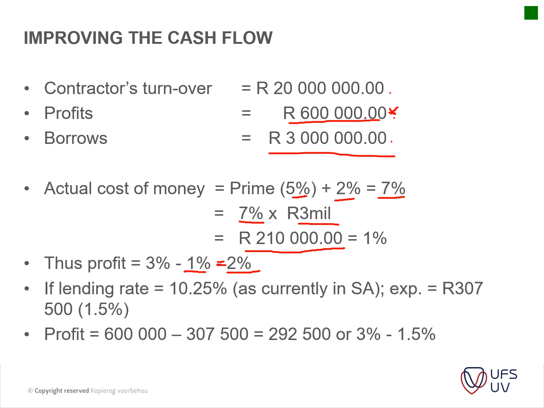Let's have a look at what the current rate is in South Africa. 10.25 is the lending rate, which amounts to 307,500 rand, which then leaves you with only 292,000 rand of profit, or 3% minus that 1.5.